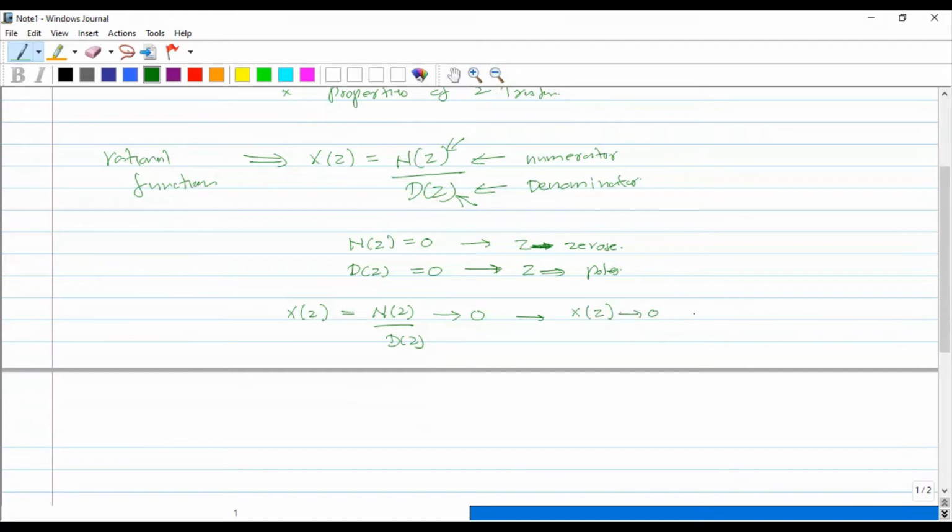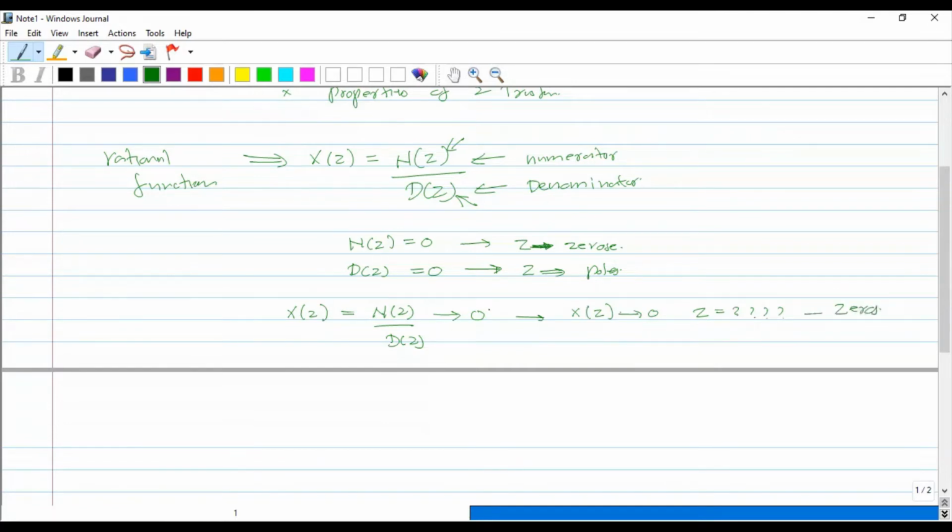There may be different z values, and for those z values our z transform is limiting to 0. Those are called zeros.